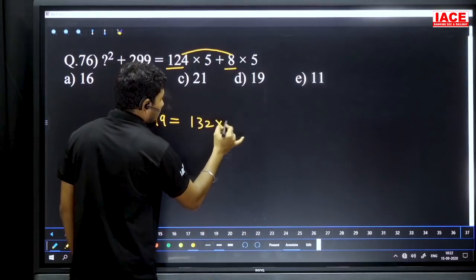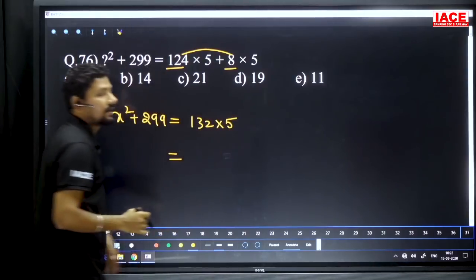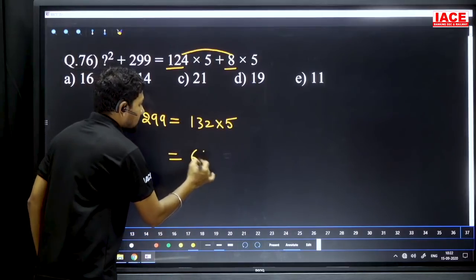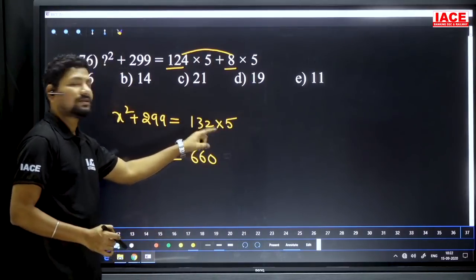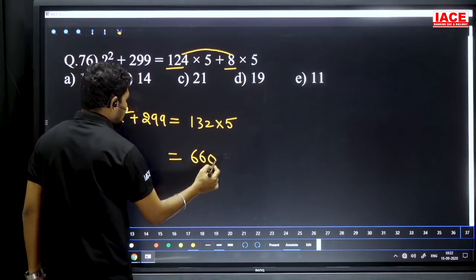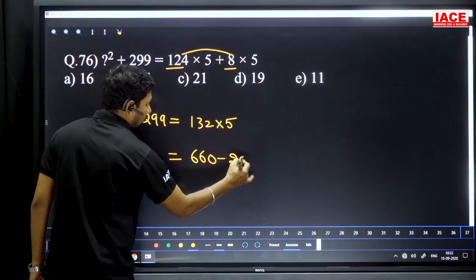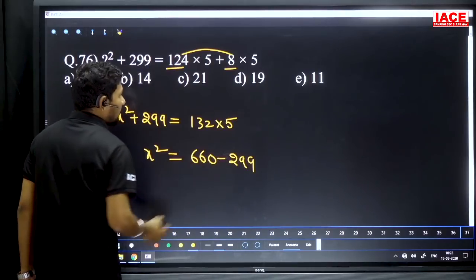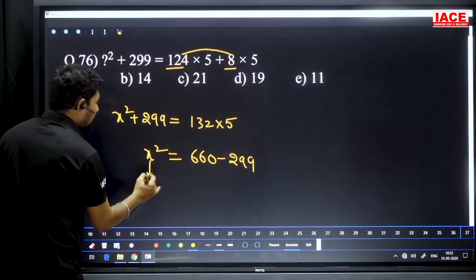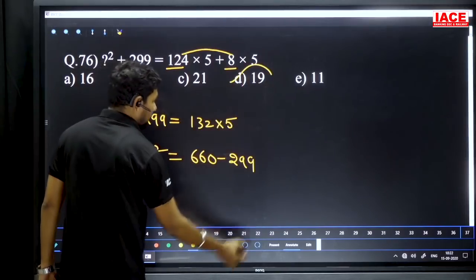We'll write 132 into 5. So 130 half value 65. It is 660. 5 2s are 10, 5 30s also we can apply. Otherwise you can take the half. 132 half value 66, extra add 0. From this we have to remove the 299. We will get x square. Then 299 off 660 means 361. 361 is equal to 19 square. Then option D.